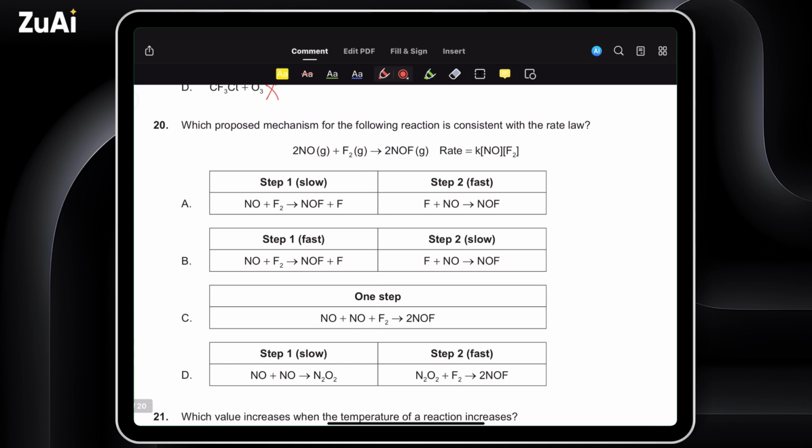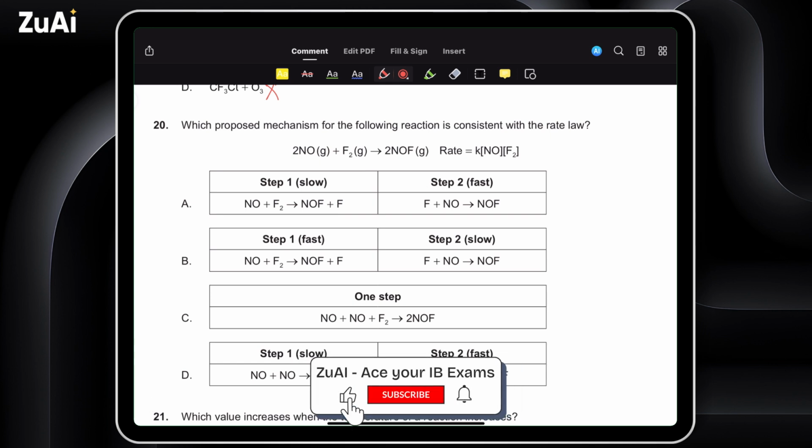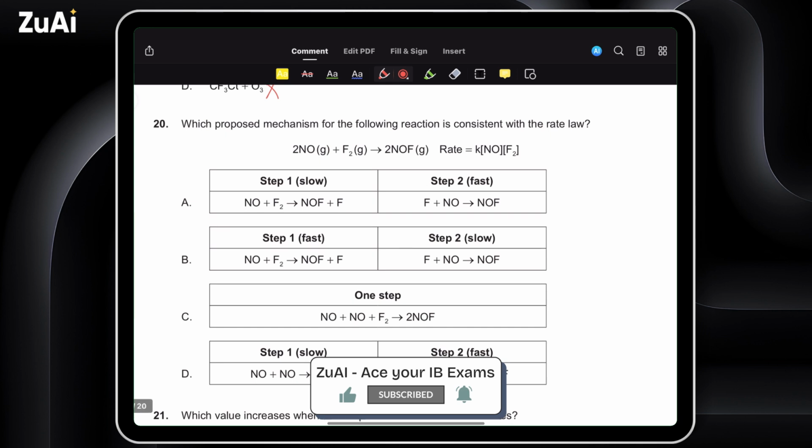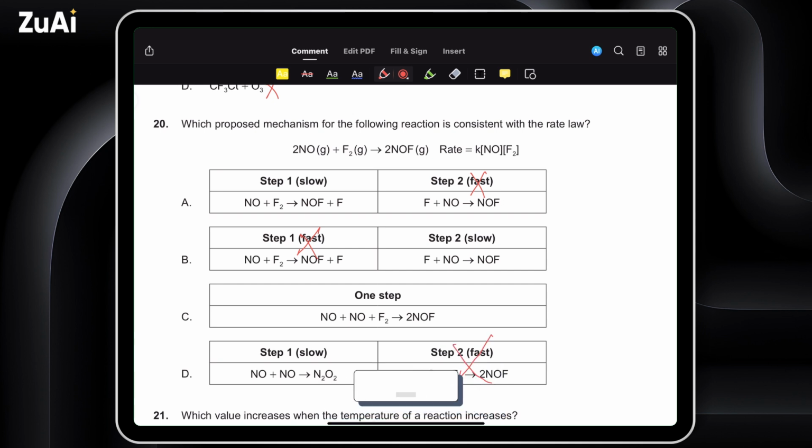Which proposed mechanism for the following reaction is consistent with the rate law? You know, for the rate law, the slow step determines the rate, so you have to cancel all the fast steps. So for the slow step, you have to see in the rate law, do you have this thing? So you have to see fluorine F2.